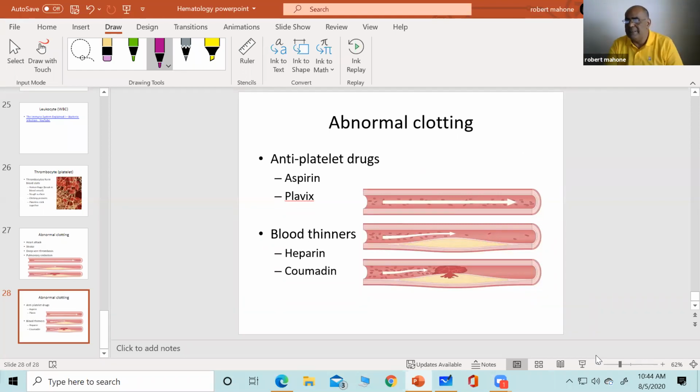Now, some people mistakenly call these two blood thinners, but they're not. They're antiplatelet drugs. You see, we don't get in the habit of thinning people's blood because that contributes to your blood pressure. Four things contribute to your blood pressure: the contraction of the heart, the diameter of your blood vessels, the amount of blood in your body, and the thickness or viscosity of the blood.